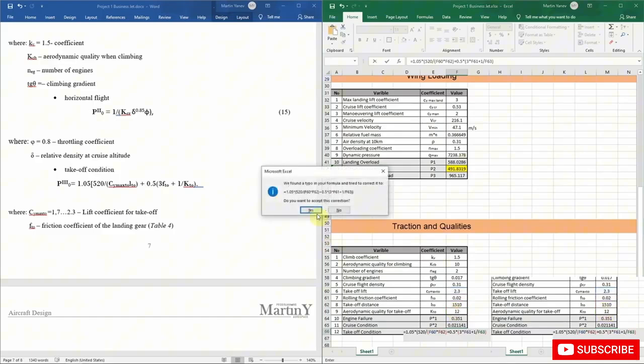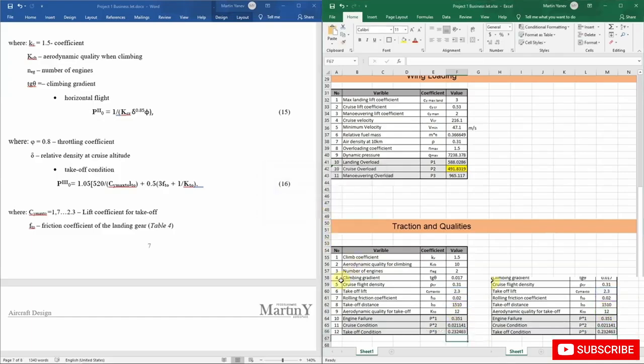Okay, that's it. And again, I missed one bracket, but Excel will cover this. So the takeoff coefficient, so the takeoff condition, will be equal to 0.23.